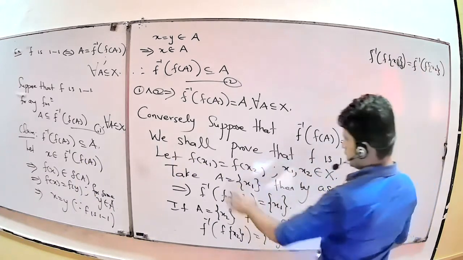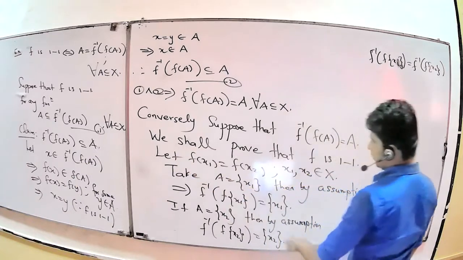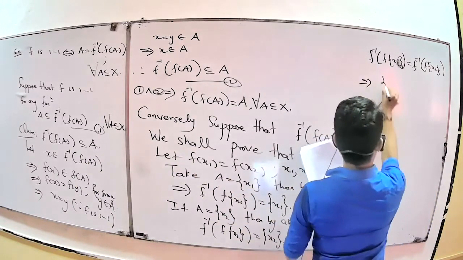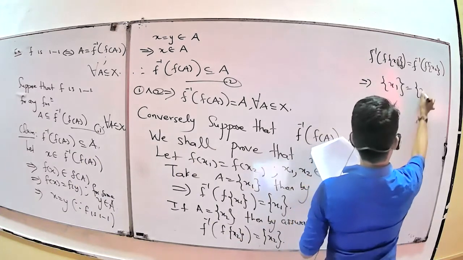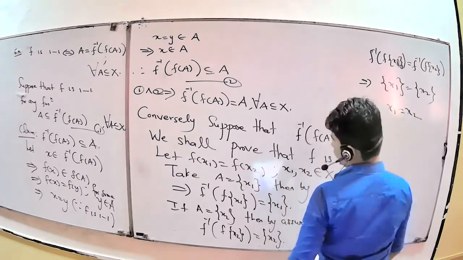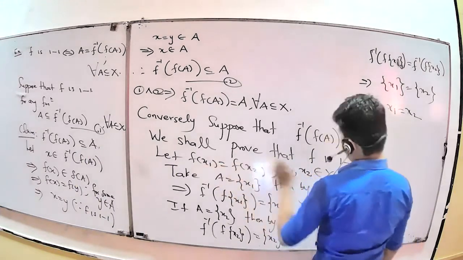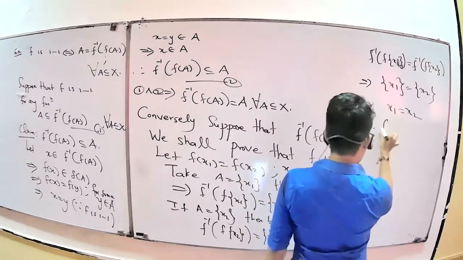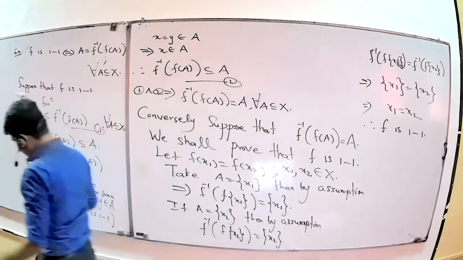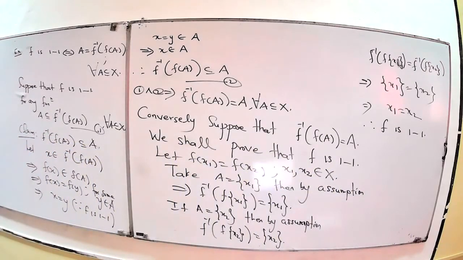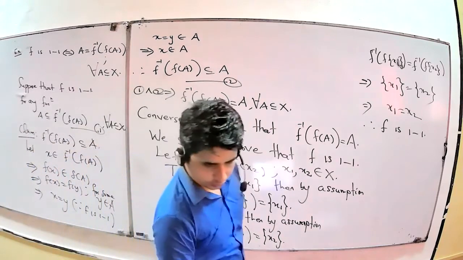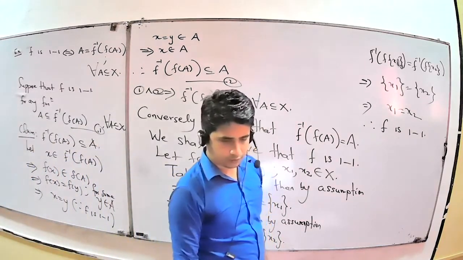We have this value equal to {x1} and this value equal to {x2}, so {x1} equals {x2}. Only one element, both are equal, means x1 equals x2. We assumed f of x1 equals f of x2 and proved x1 equals x2. Therefore, f is 1 to 1.